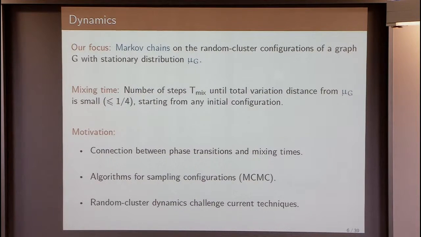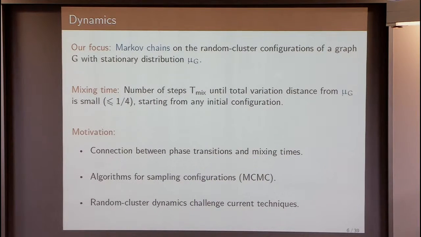Since I'm one of the first talks, I'm just going to say what it is. It's the number of steps the chain has to take until it's close to the stationary measure, assuming that you start from the worst possible starting configuration. By now we know that there is a well-established connection between phase transitions and the behavior of Markov chains.